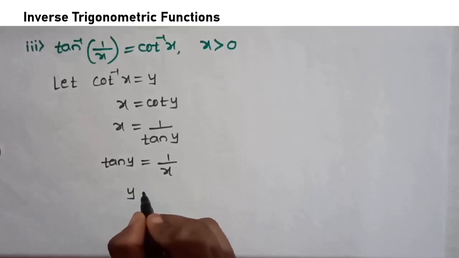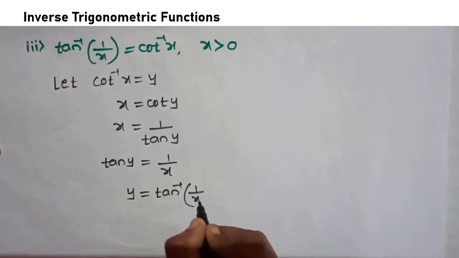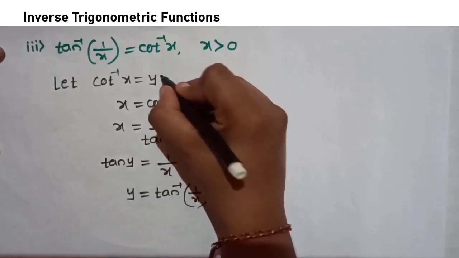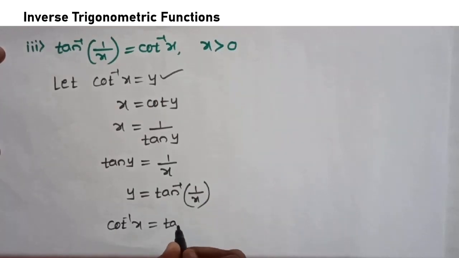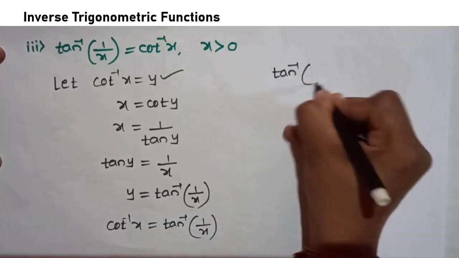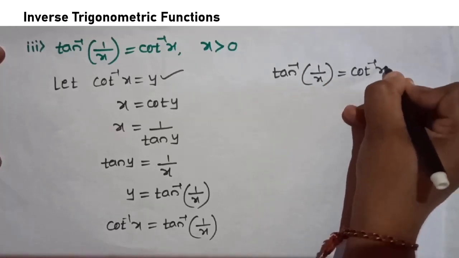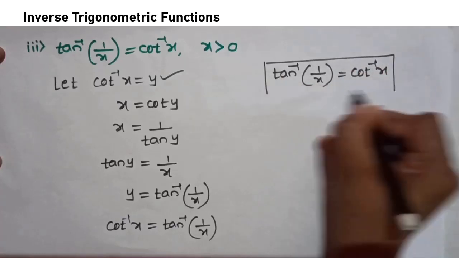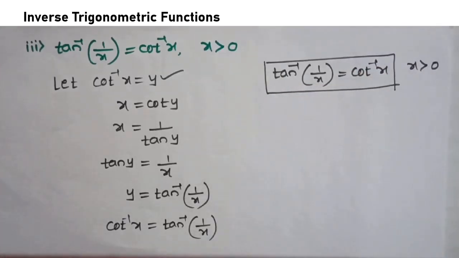Then we can write y is equal to tan inverse 1 by x. So what is y here? y is cot inverse x. So that will substitute back. Cot inverse x is equal to tan inverse 1 by x. So we have proved the property tan inverse 1 by x is equal to cot inverse x, with the condition that x should be greater than 0.